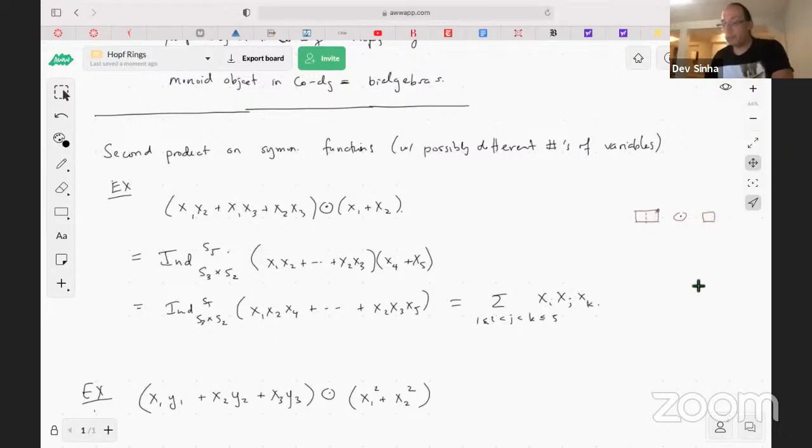And the point is that x1 plus x2 has 2 variables, so it's not just a single block, it's a symmetrization of x1 times 1. So x1 plus x2 is x1 induction product, the unit.